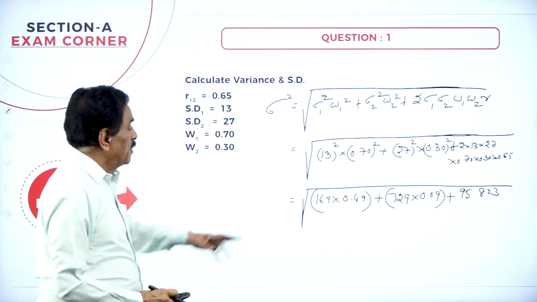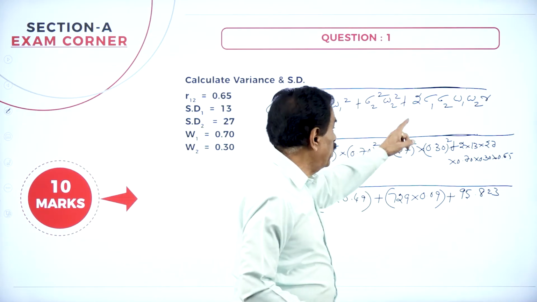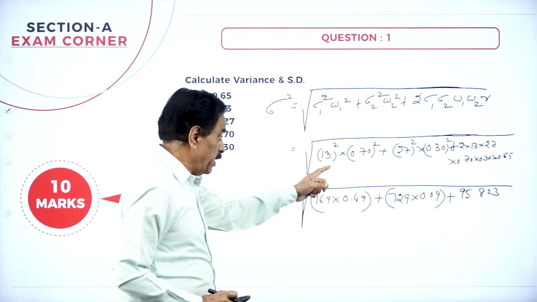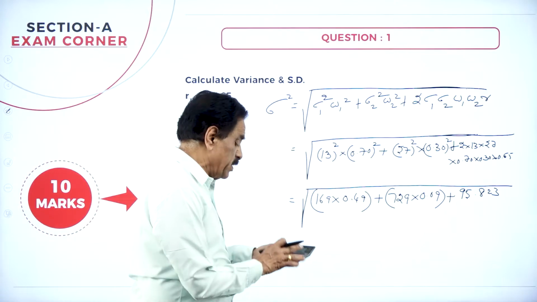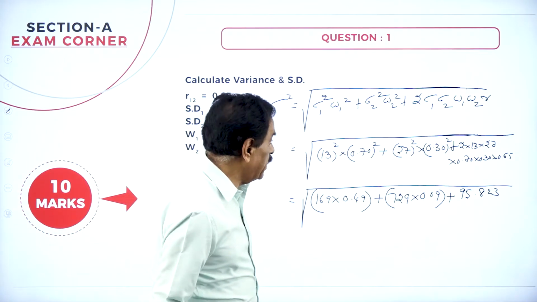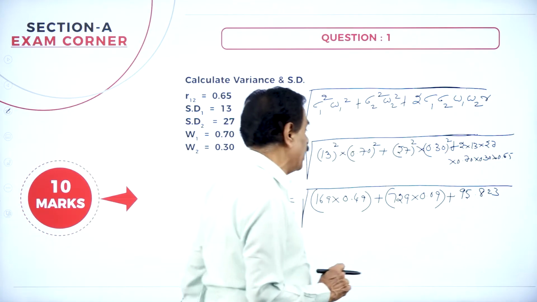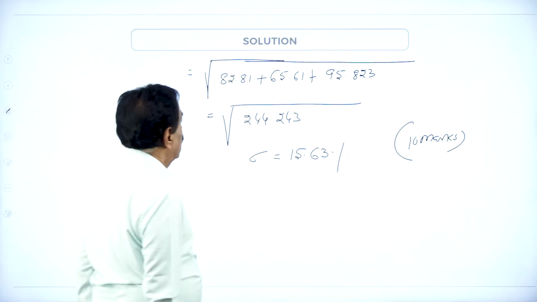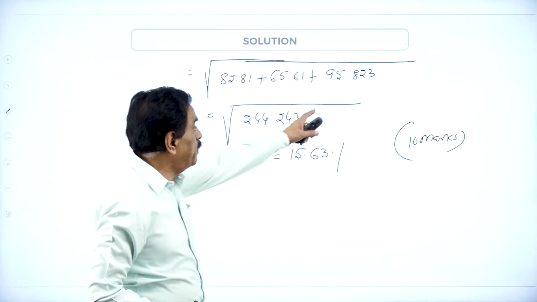I will repeat. Sigma 1 square W1 square, sigma 2 square W2 square, 2 into sigma 1, sigma 2, weighted 1, weighted 2 into R. 13 square into 0.70 square is 82.81, 27 square into 0.30 square, 0.09, is 65.61, and 2 into 13 into 27 into 0.70 into 0.30 into 0.65 works out to 95.823.